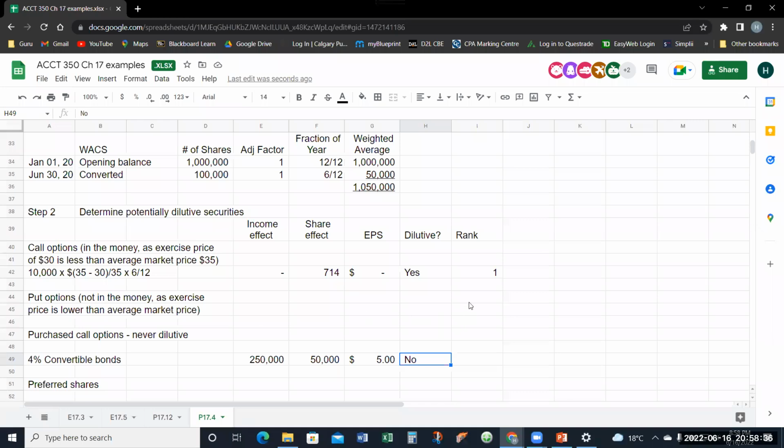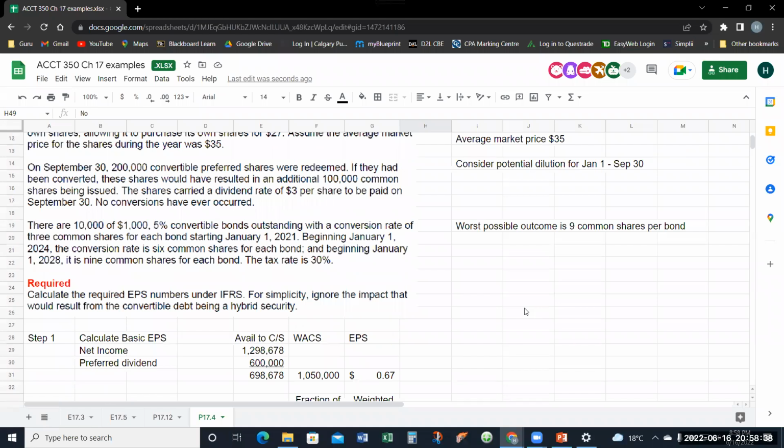And then lastly, the preferred shares. We converted the preferred shares on September 30th. We had paid them a dividend of total of 600,000. And we issued 100,000 common shares on September 30th due to the conversion. So the potential for conversion existed from Jan 1st up to September 30th.